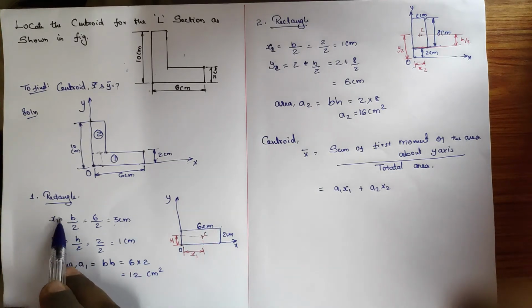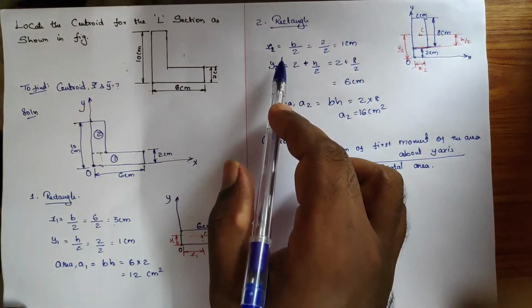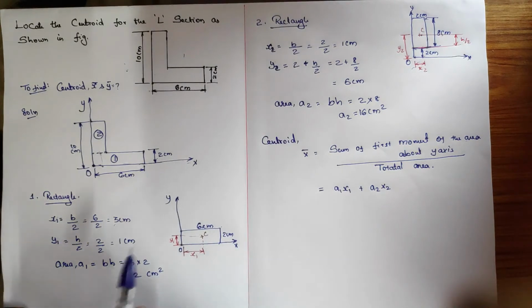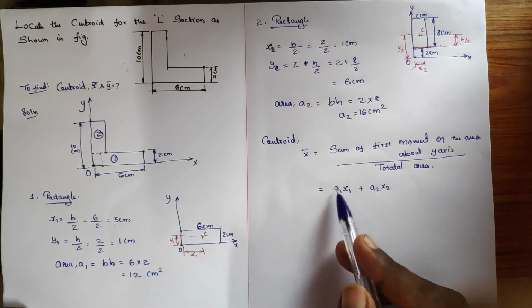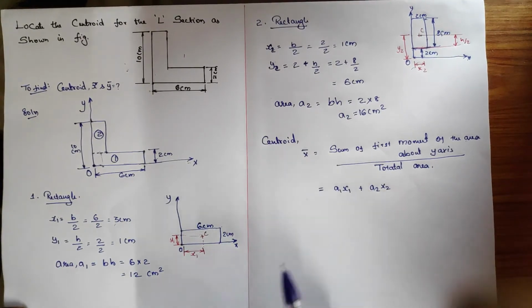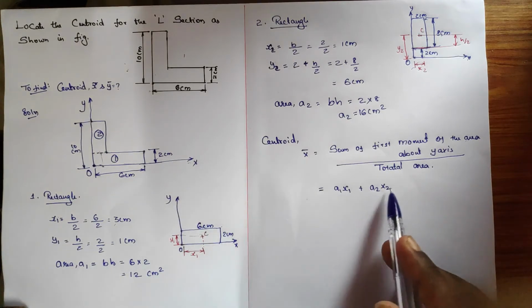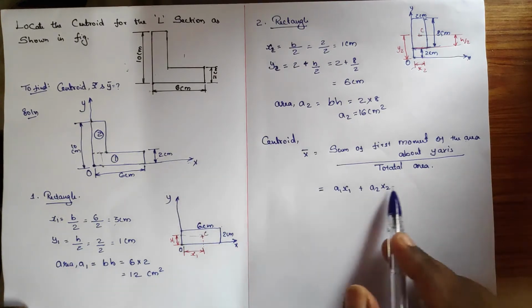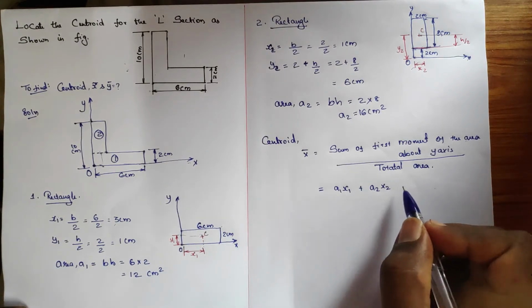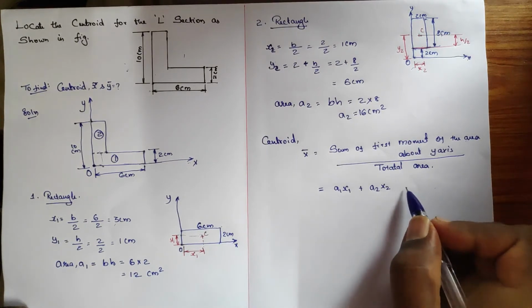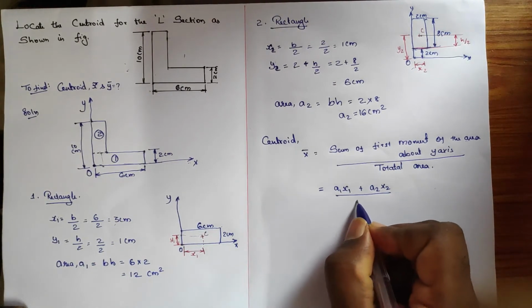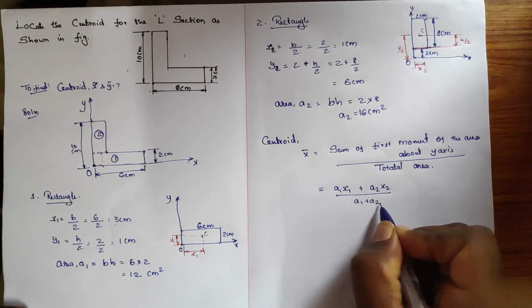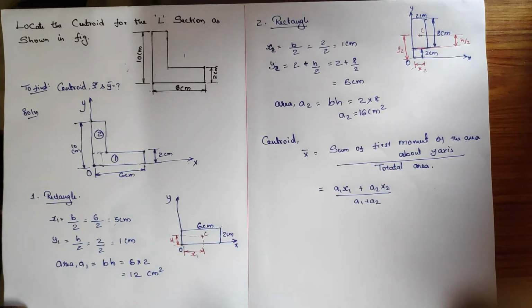If you have two components, we will have two terms. If you have 3 or 4, the formula will increase, with a3 into x3 and so on. It is divided by total area, which means a1 plus a2, all the areas added together.